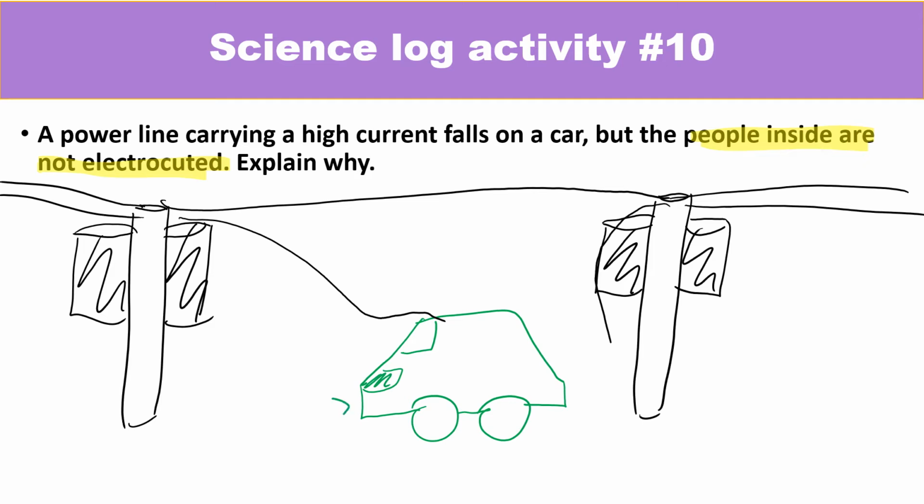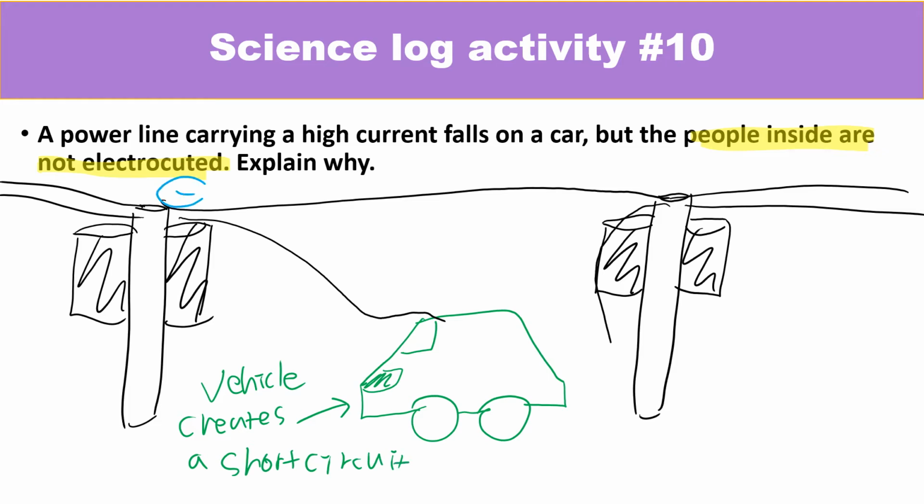First of all, whatever that I'm writing in green represent the vehicle's perspective. Whatever I'm writing in red will be human perspective. Now, vehicle creates a short circuit. That's a fancy way of saying, if you think about electron movement, go down through the damaged wire, and you notice vehicle are a good conductor.